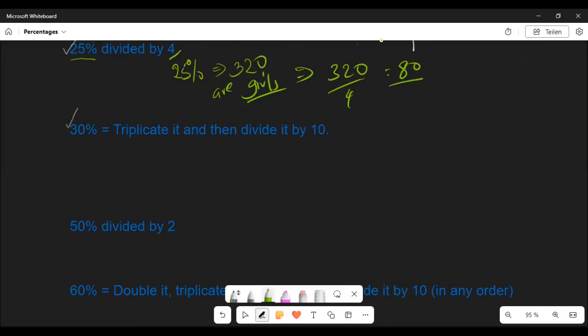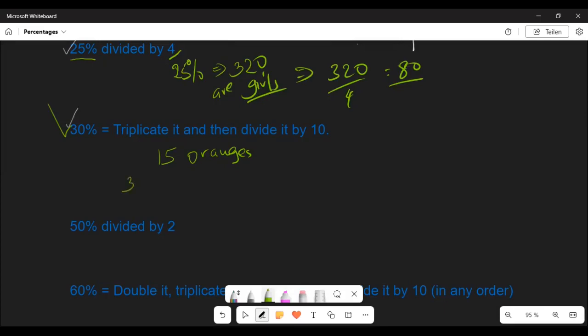Now, supposing we are talking about 30% of any number. If you get 30%, the idea is to multiply it by 3, and then divide it by 10. So assume you have 15 oranges, and you want to know what is 30% of 15.